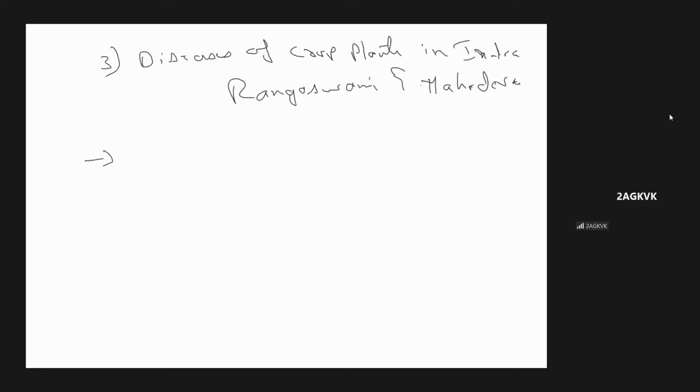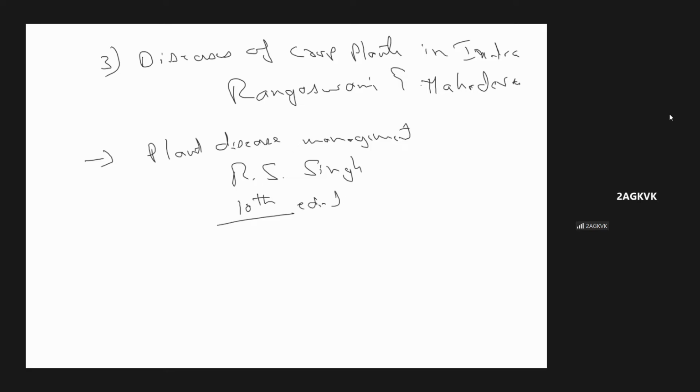Another book is called Plant Disease Management, which is also a very popular book, written by R.S. Singh. It has multiple editions, and as of now, the 10th edition is available.